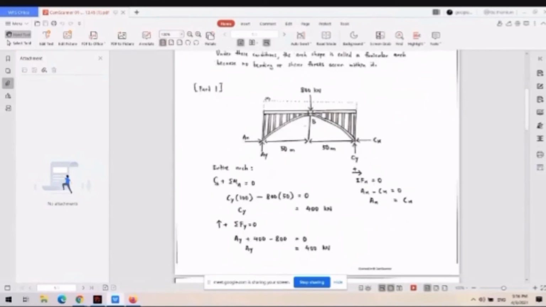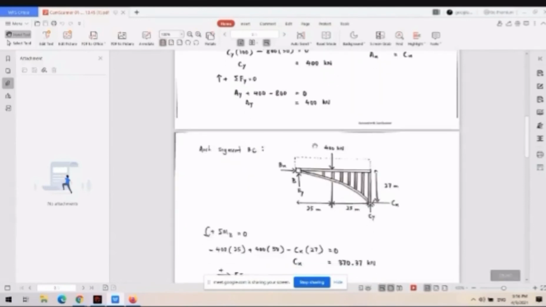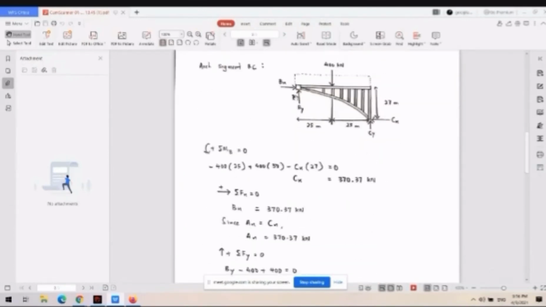For part 1, after we apply the equations of equilibrium, we found out that Cy equals 400 kN, Ay equals 400 kN, and Ax equals Cx. Then we divide this part into 2 parts at section B. This is the diagram for arc segment BC.